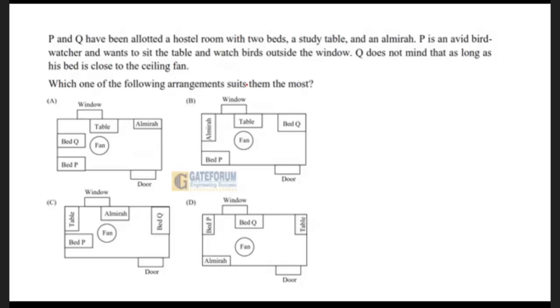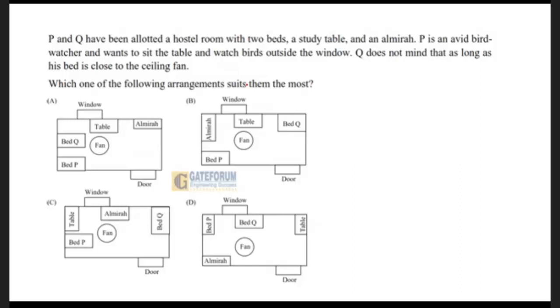So which one of the following arrangements suits them the most? Now, if you look carefully, Q's bed, where is it nearest to the fan? If you see, Q's bed is nearest to the fan in option number A and option number D. Right? It is nearest to the fan.